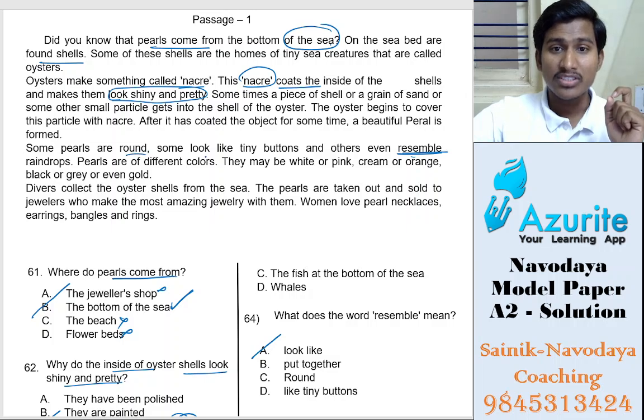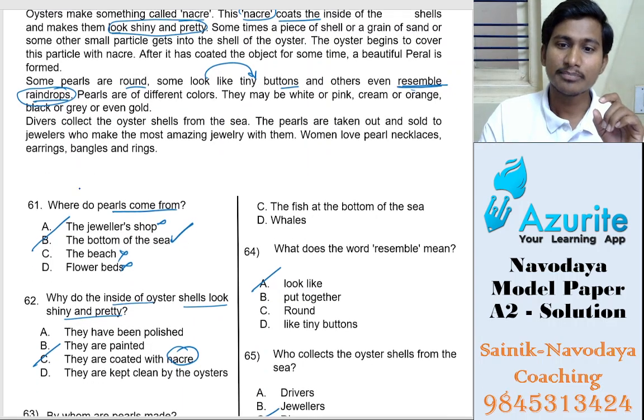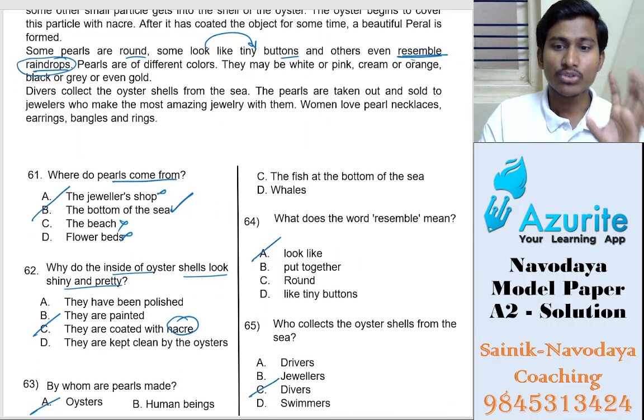Some pearls are round, some look like tiny buttons, and others even resemble raindrops. Look like tiny buttons, look like raindrops. So look like will be the answer. Look like is option A, right? That is the answer.